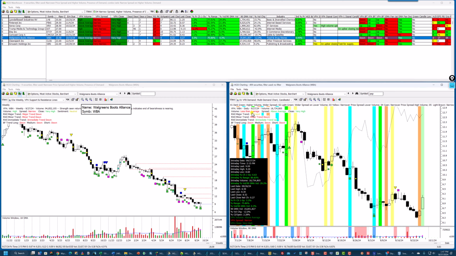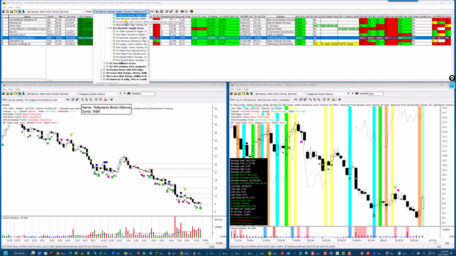This one, volume's less than average because the day isn't over. Spread's above average, and the close is very high. So that means there's some accumulation coming into it. But with this strong downtrend, very difficult to go long on a stock like this.